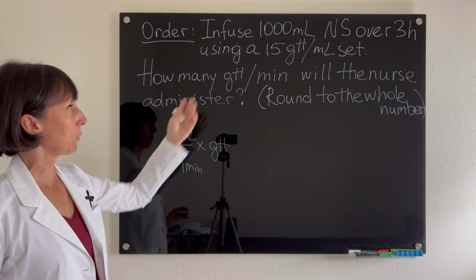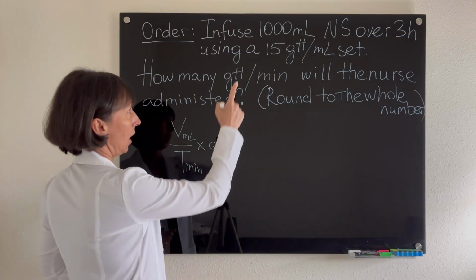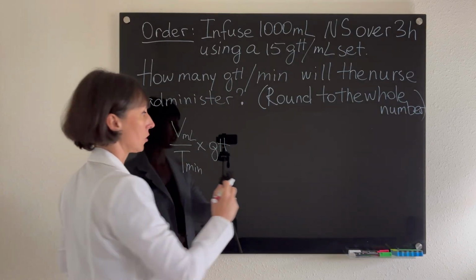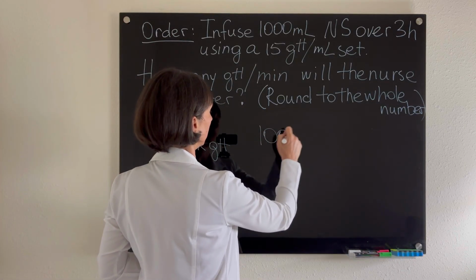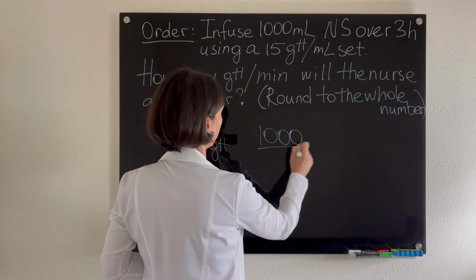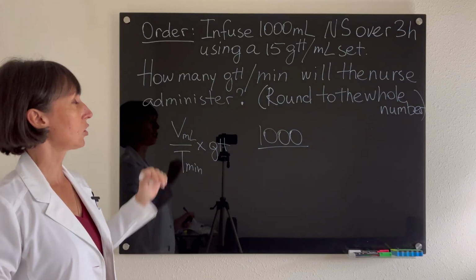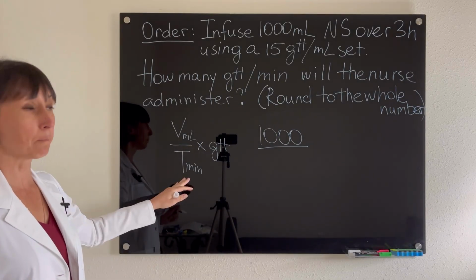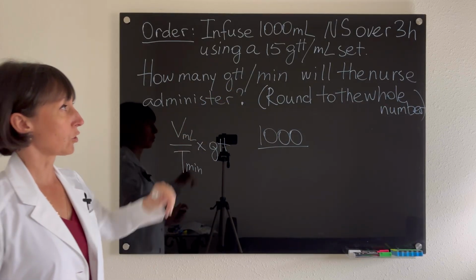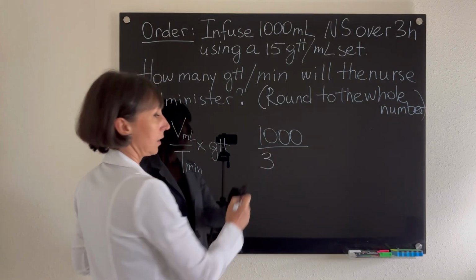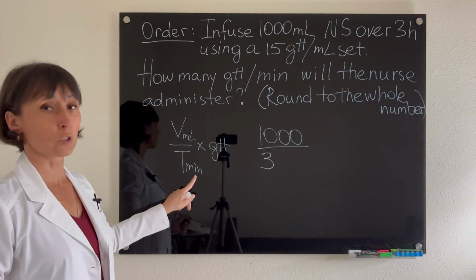So let's plug in our numbers. Our volume is 1,000 milliliters. It's already in milliliters. We don't need to do anything. We're going to leave it just like that. Our time, however, is in hours. 3 hours. We need to convert it to minutes.